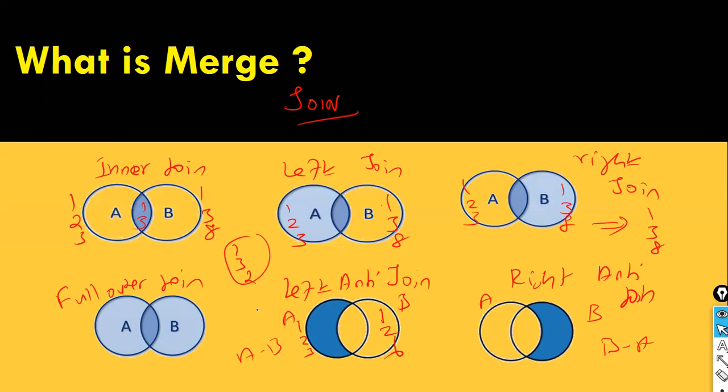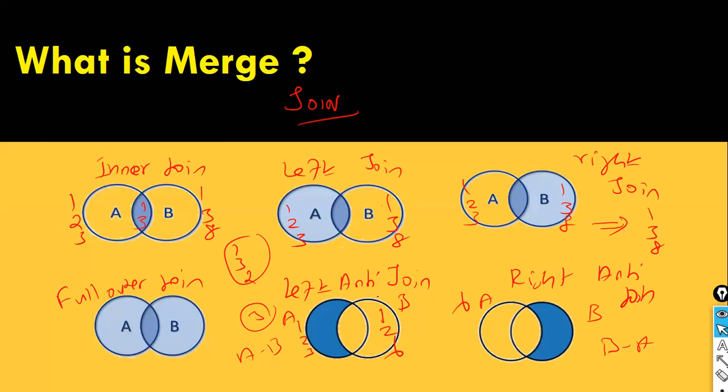A minus B: whatever is there here which is not there in B. You need to subtract; 1 and 2 are there, so A minus B is 3. And what is B minus A? If you apply the same thing, you get 6.